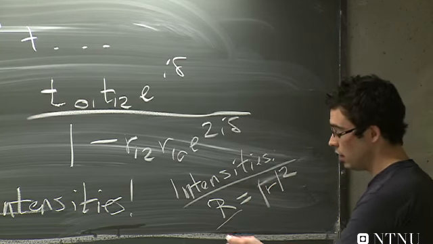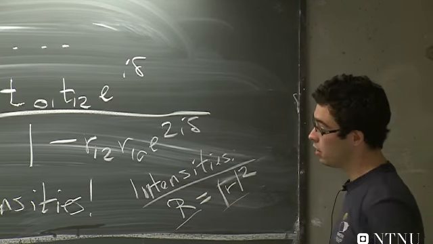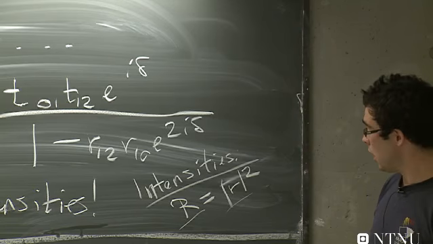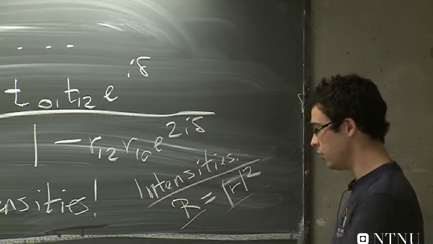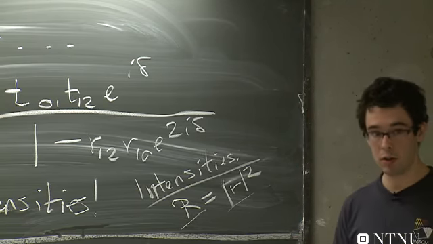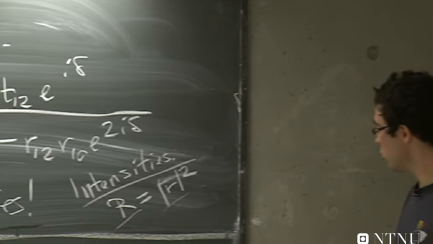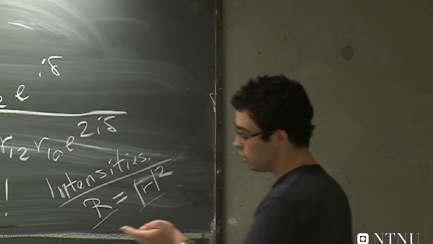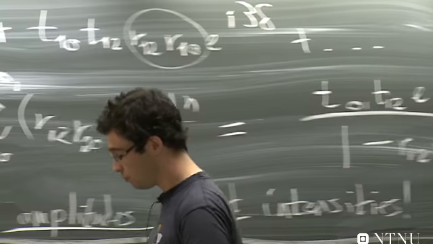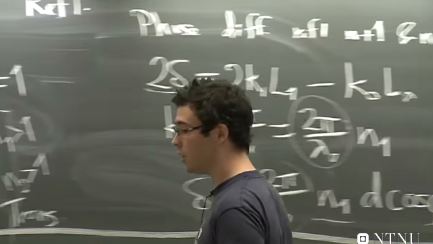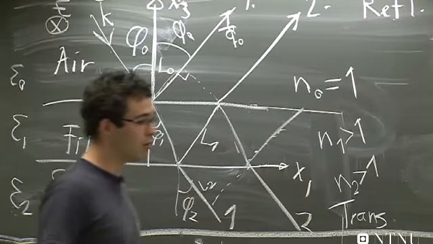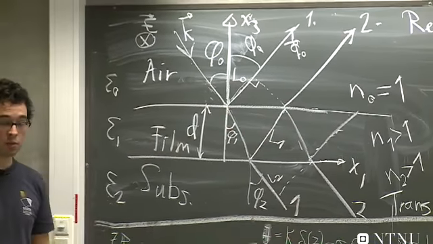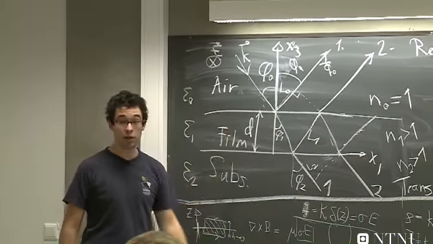So the intensity is related to the reflection amplitude. And for the transmission, there was an extra geometric factor, but you can go back and have a look in the book if you want to see those details. Okay? So now we got the same as we did for a single interface. We got a reflection amplitude and a transmission amplitude, and from that we can calculate intensities if you want.